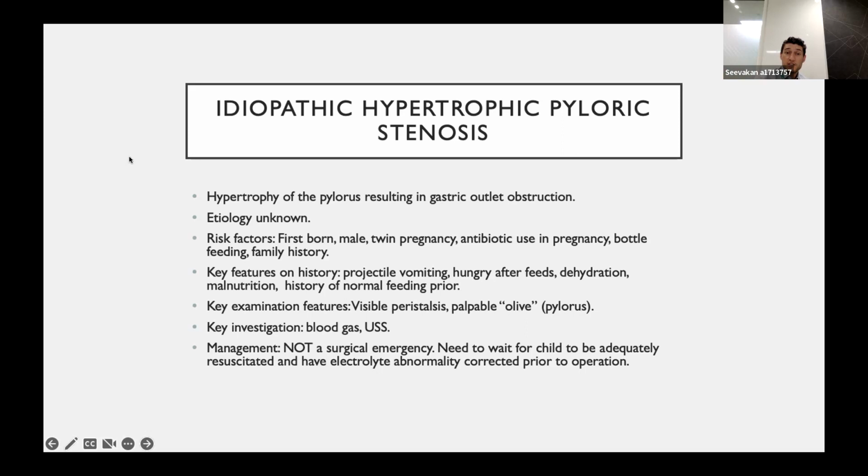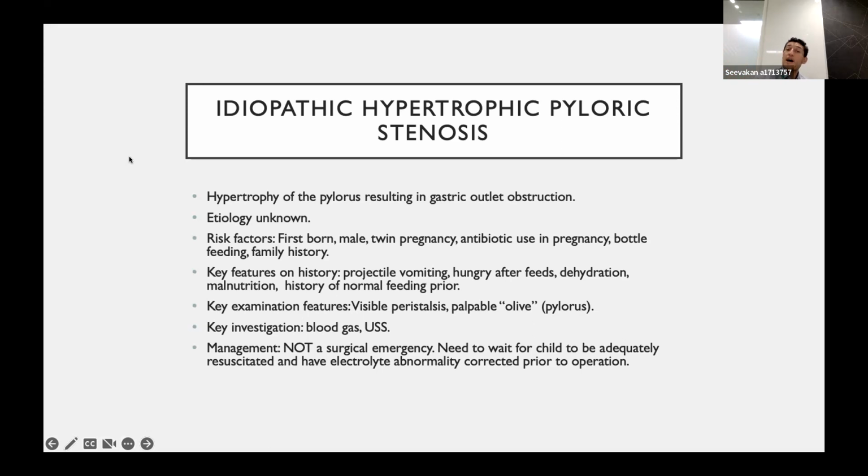Key examination features, and these are just buzzwords to use in an OSCE when you think it might be pyloric stenosis, you can say, I see visible peristalsis. And when you palpate, you say, I can feel a palpable olive, which is a hypertrophied pylorus. The reason you get visible peristalsis is that the gastric contractions get so forceful, because they're trying to force milk through this narrowed gastric outlet, that you can see a visible wave going from the left upper quadrant into the epigastrium.